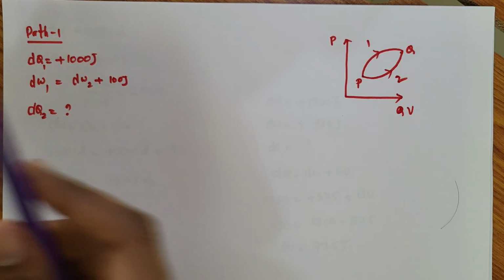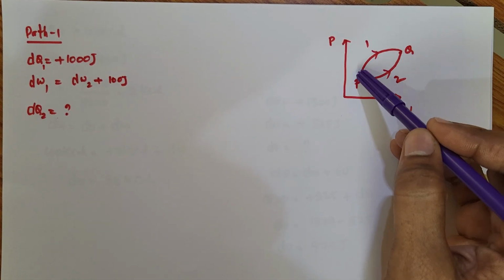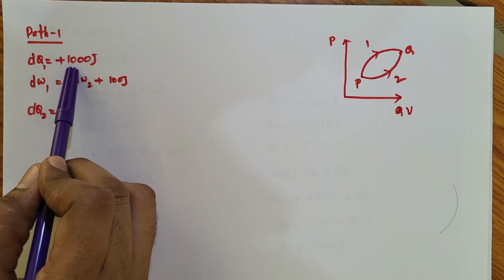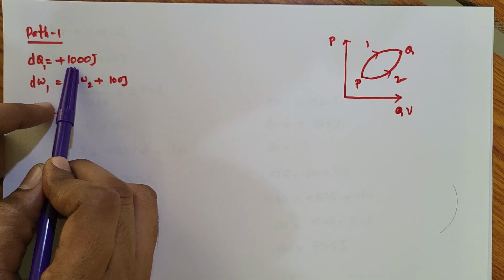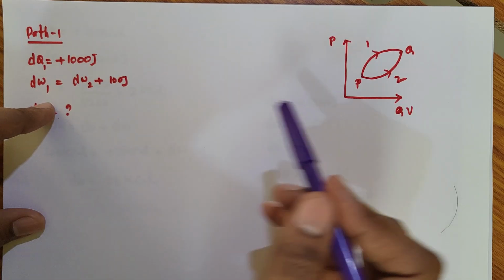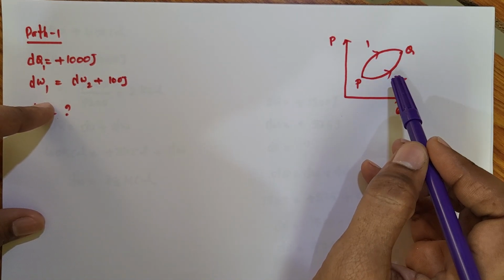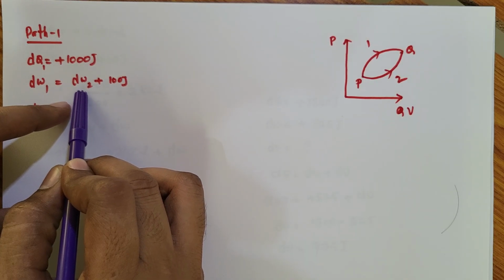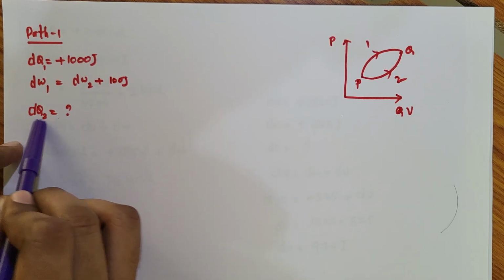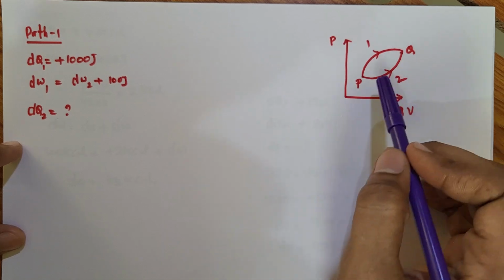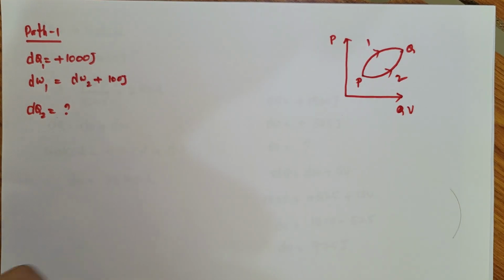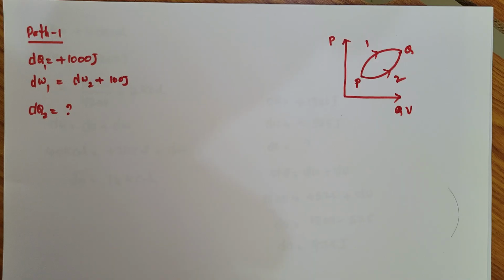While going from P to Q through path 1, heat energy given to the system is 1000 joules and the work done by the system through path 1 is 100 joules more than the work done through path 2. Now what is the heat energy given to the system while the system attains the Q position through path 2? That is the question.